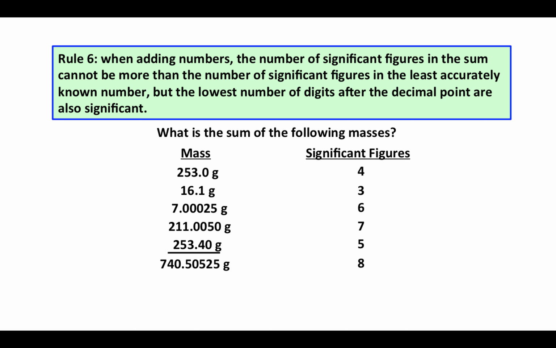The number of significant figures I can actually have in the final answer is going to be 3 plus 1, because I have 1 digit to the right of the decimal point, and that is the lowest number of digits to the right of the decimal point. So I actually get 1 additional significant figure for that, and that gives me 4 in the answer, which is 740.5 grams.